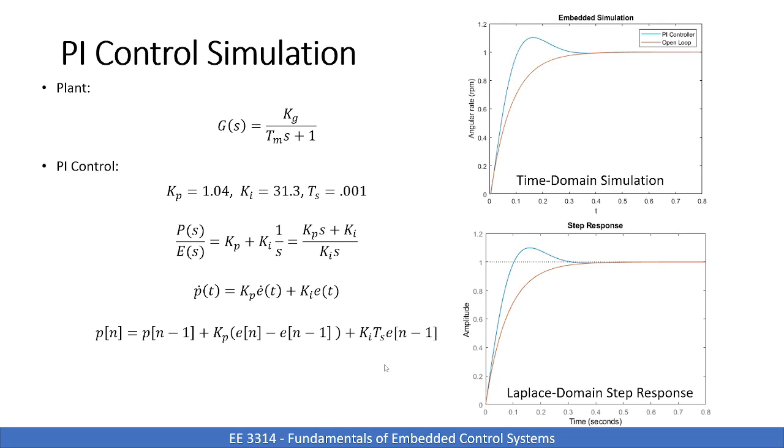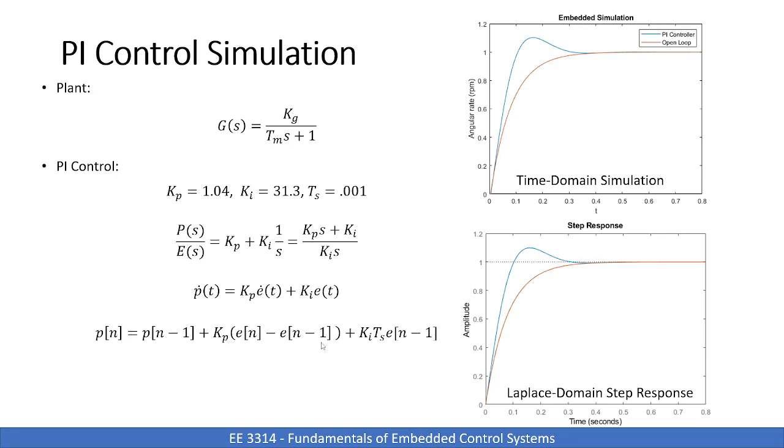So I won't look over the MATLAB in this lecture, but we certainly can take a look at that in class. And it's basically just implementing this difference equation. It's a for loop where we initialize everything to 0. We implement this difference equation to give us P as a function of that error.